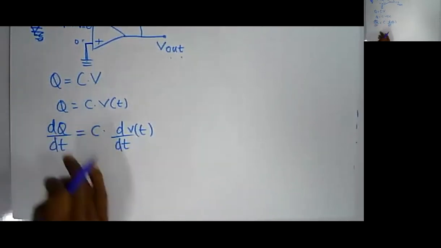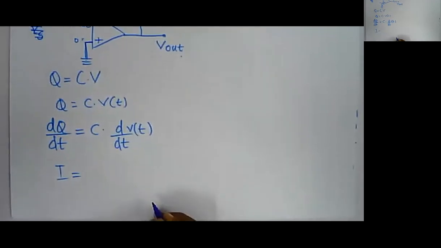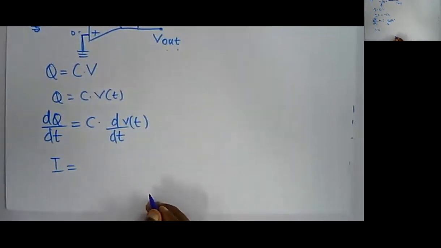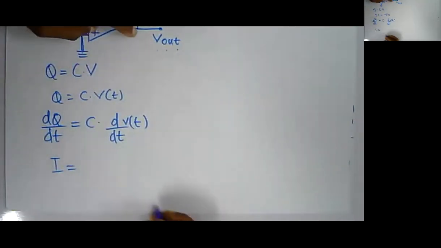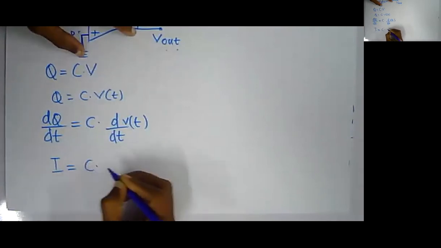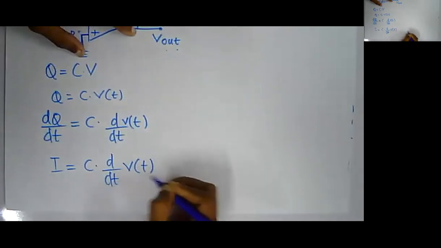Now, what is dq by dt? It is simply your current I. The rate of flow of charge is called current. So I can write dq by dt as I, which equals C into d/dt of V of t.